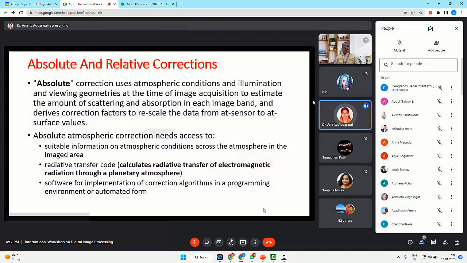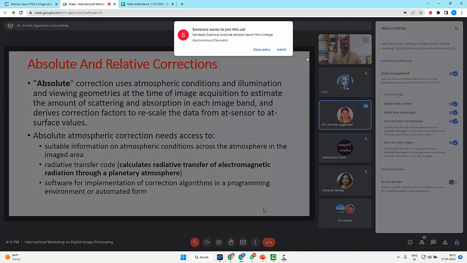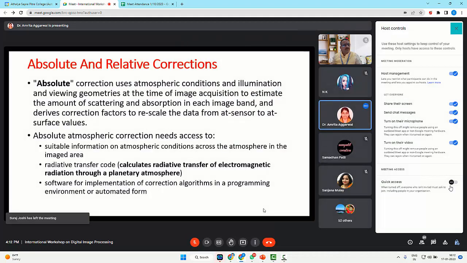Now what do you mean by illumination? Can anyone tell me? Yes, what do you mean by illumination? Madam, illumination means energy emitted from this object.